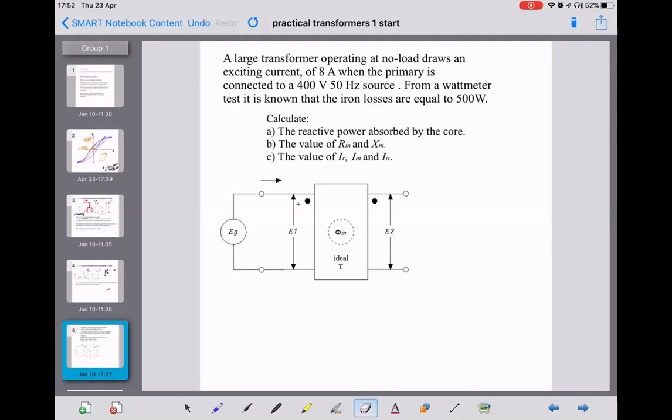Will that always be referred to as the exciting current in questions? Not necessarily, no. These particular problems were taken out of a particular book. So where are we going to start with this problem?